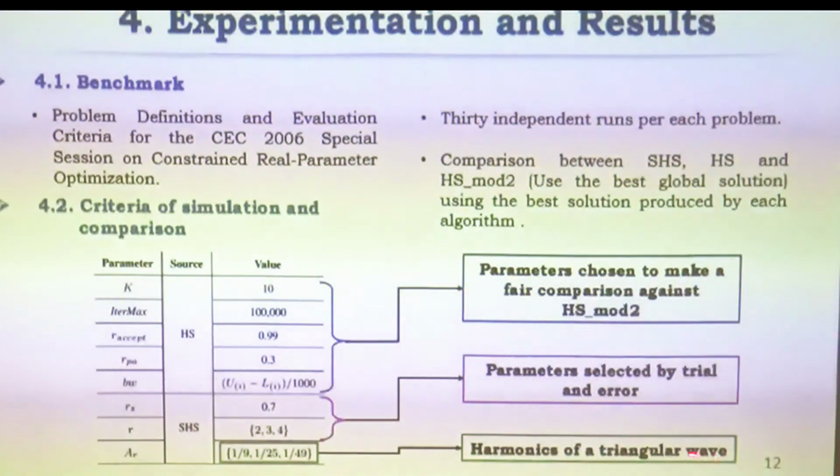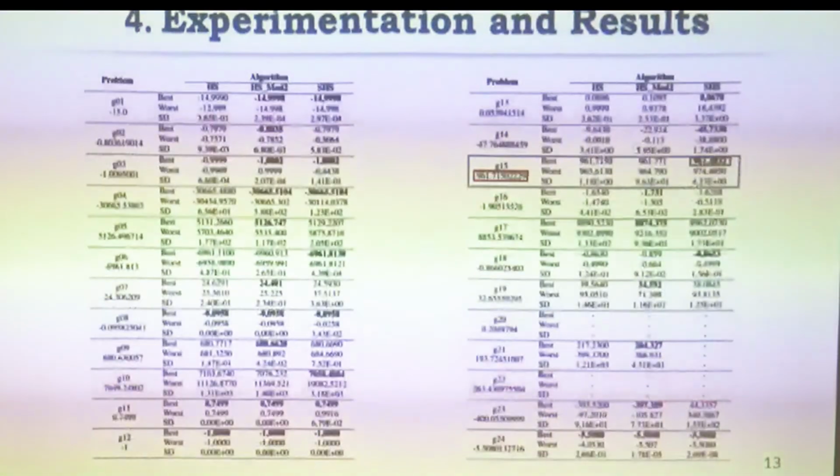Here we select a triangular way for our algorithm. 30 independent runs were selected for each problem, and we compare our modification, the normal algorithm, and a modification called S8 Mod 2 that also uses the best global solution.